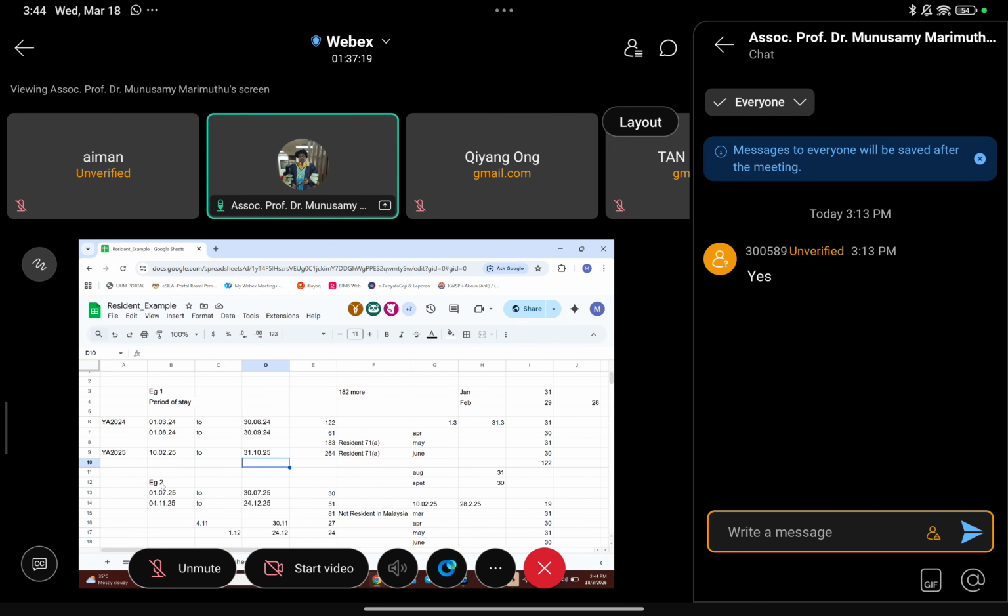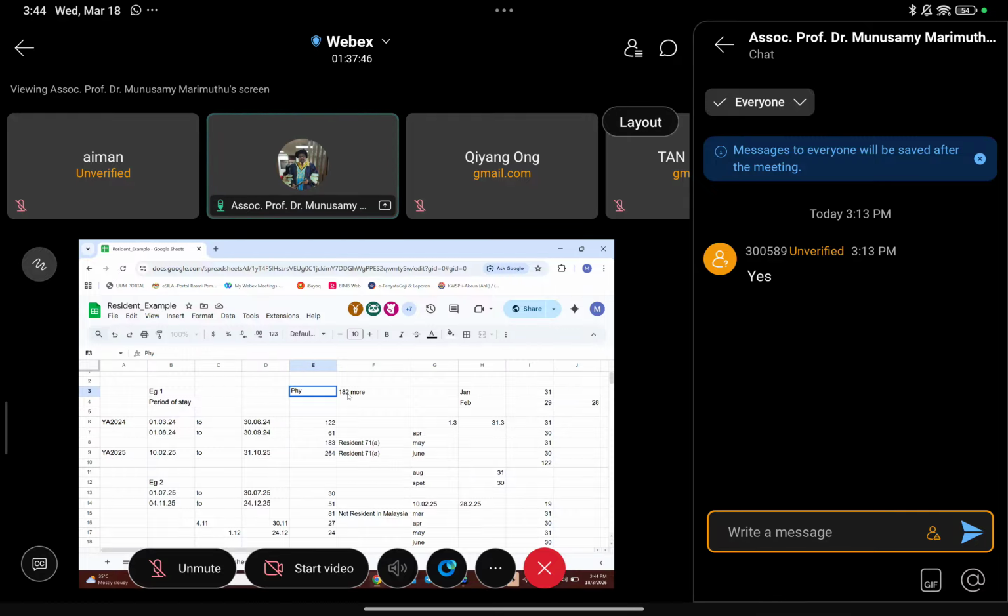Okay. So for Section 1A, Section 1A means 182 or more. Physical. Must be physically present, 182. Either in one period, year is one period, or if for that year, you add these two, only get 183.